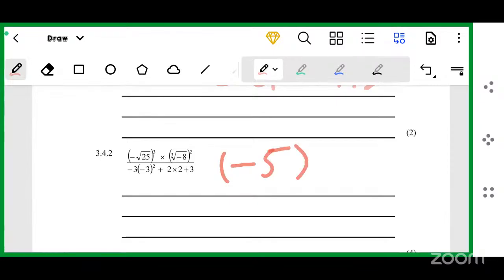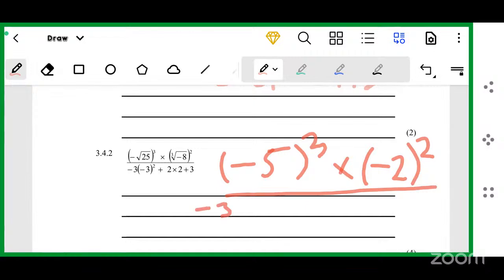So to the power of 3, right? Multiplied by -2, close bracket to the power of 2, over that whole denominator. You don't have to write it.